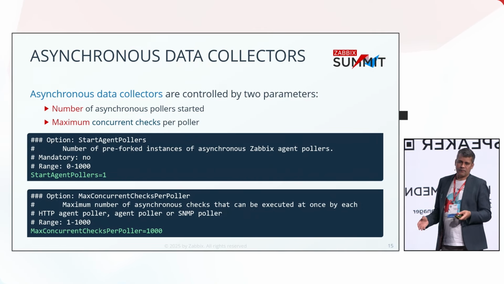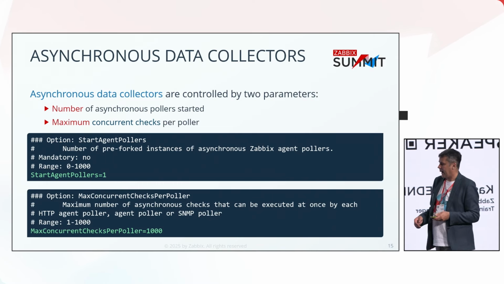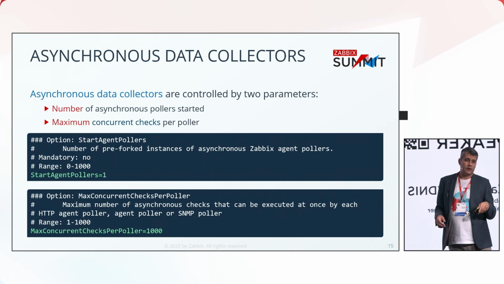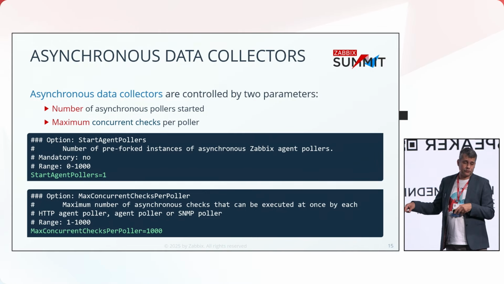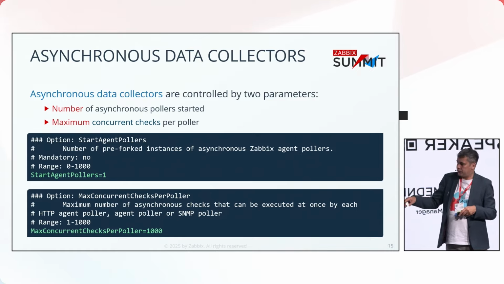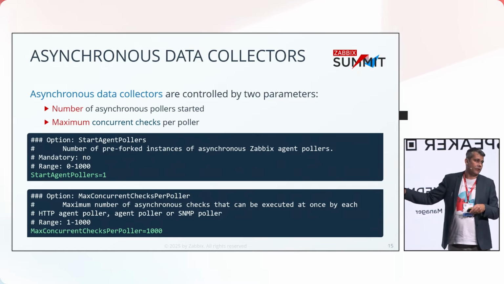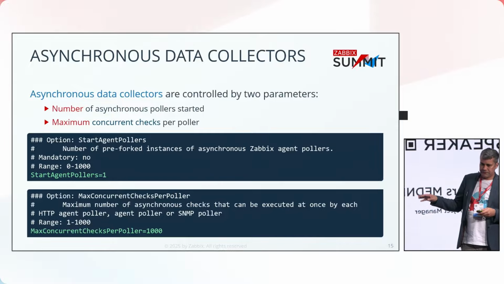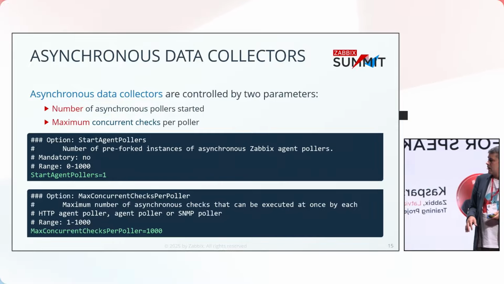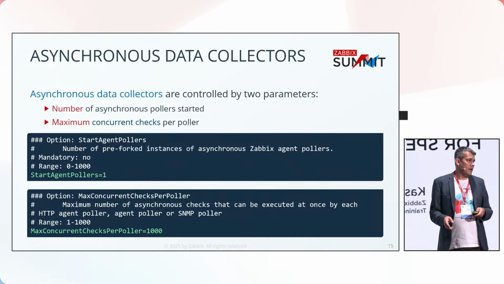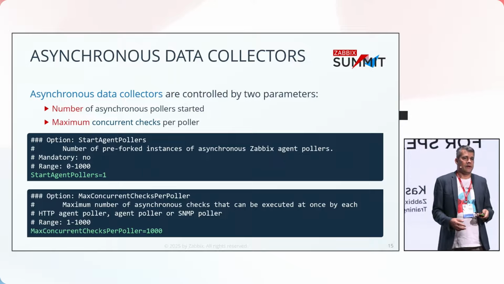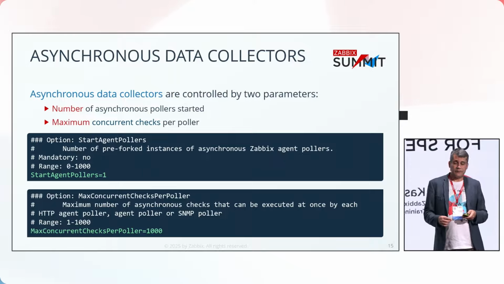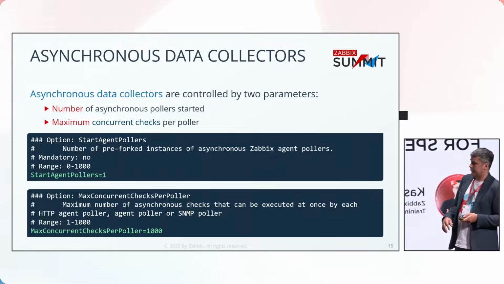Maybe you have some other use cases, but I still have not found any case where you need to decrease it. So you just keep it at 1,000, and that's all. If you have some specific scenario where you need less than that, maybe after the speech you can find me and we can talk about it, because I have not found any case where you need less.